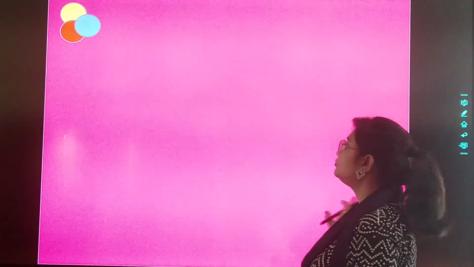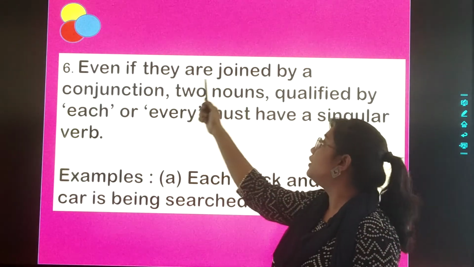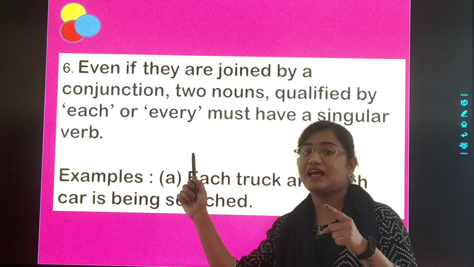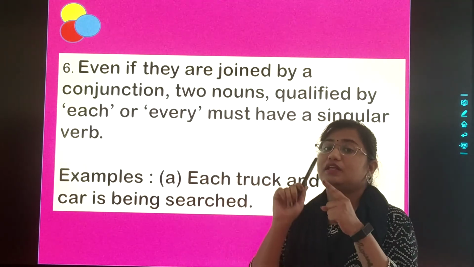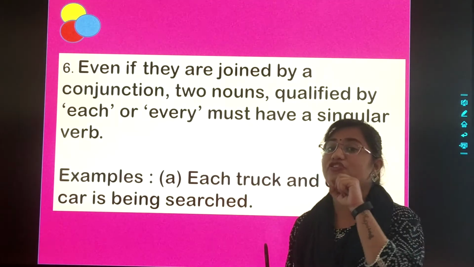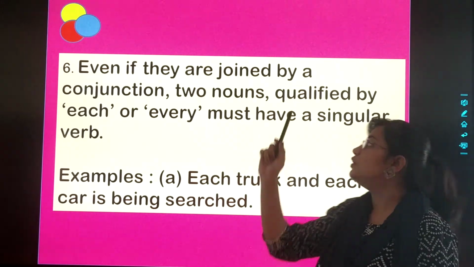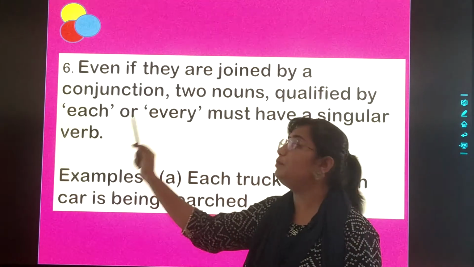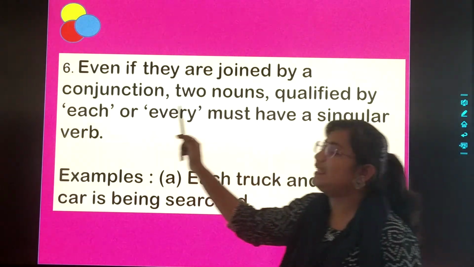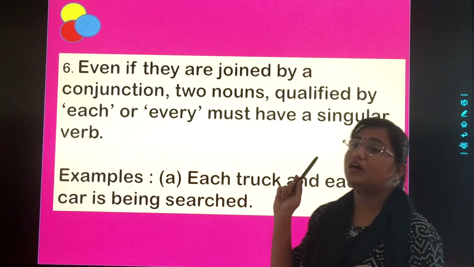Next rule. Even if they are joined by a conjunction. In the previous class, we learned that nouns and pronouns are connected with the help of conjunctions, right? So when you are connecting anything with the help of a conjunction, two nouns qualified by each or every must have a singular verb.